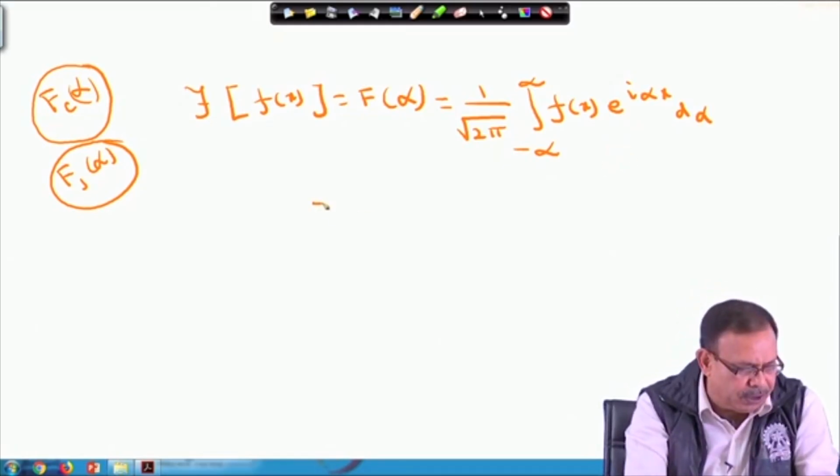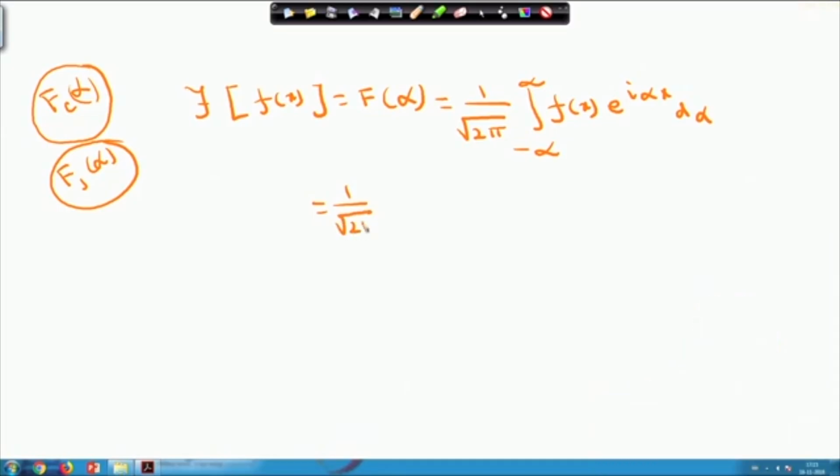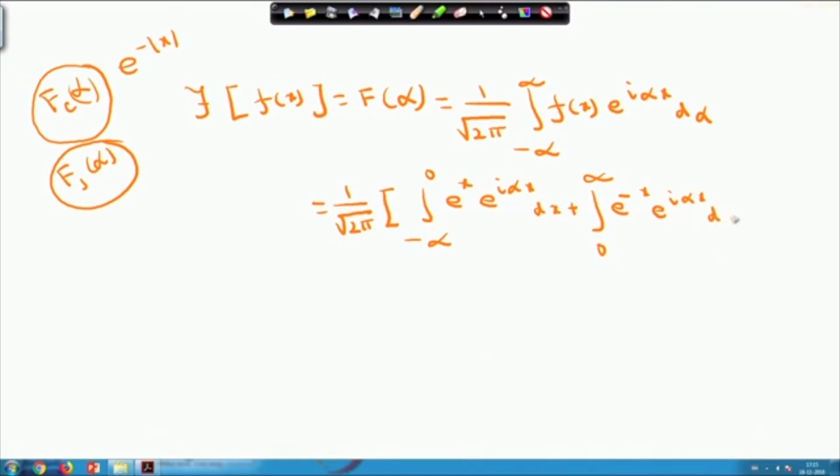So, whenever I am substituting this, since the given function is e power minus mod x, I can break it into two parts, one is minus infinity to 0. In this case, it will become e power x into e power I alpha x into dx, and plus 0 to infinity, it will be e power minus x into e power I alpha x into dx.